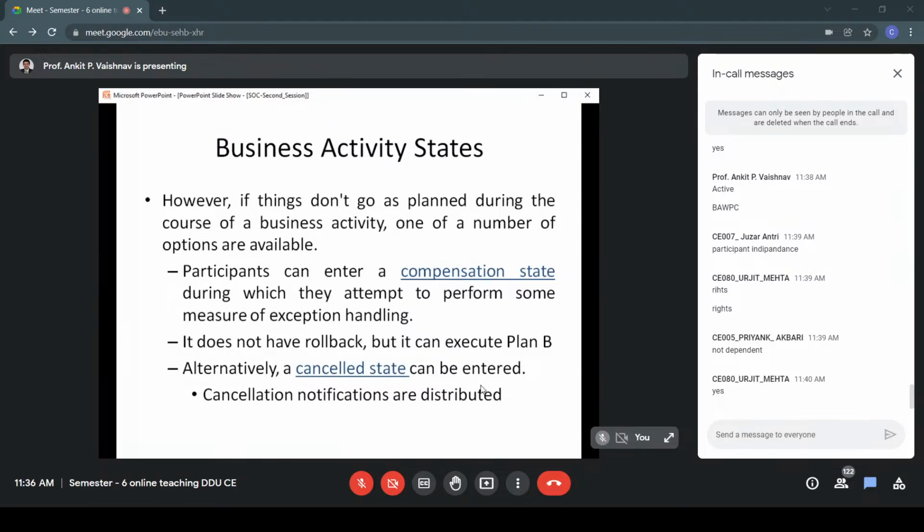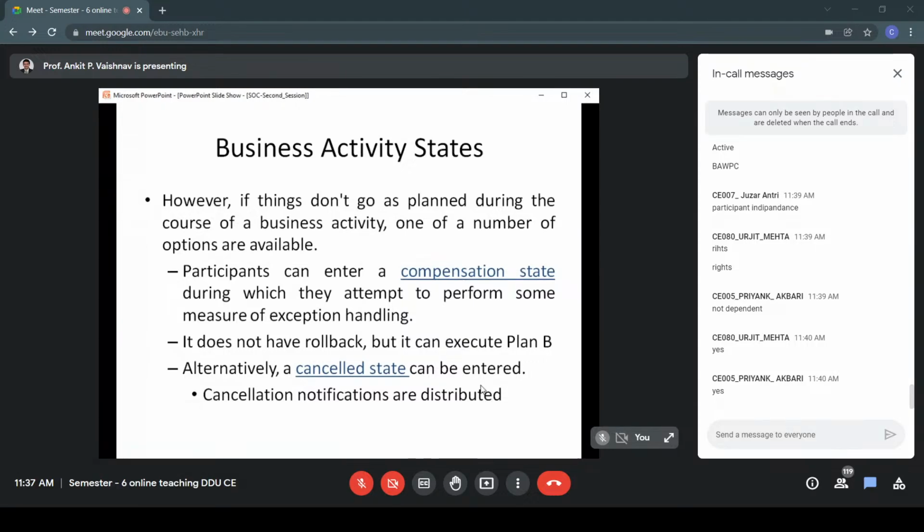So basically, in the compensation state, what would you like to do? Ideally, why would you enter a compensation state? What are the reasons? One of the reasons can be that your plan A has failed, right? So you will have to switch back to plan B, yes or no?